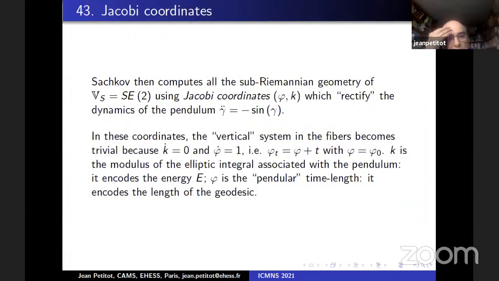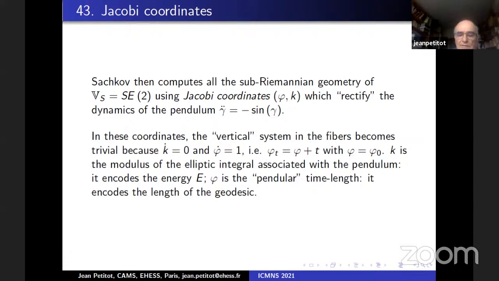And Sachkov computed all the sub-Riemannian geometry of SE2 using Jacobi coordinates, phi and k, which rectify the dynamics of the pendulum gamma. And in these coordinates, the vertical system in the fibers becomes trivial because k is constant and phi is linear. And k is the modulus of the elliptic integral associated with the pendulum. It encodes the energy of the pendulum, and phi is the pendular time length.